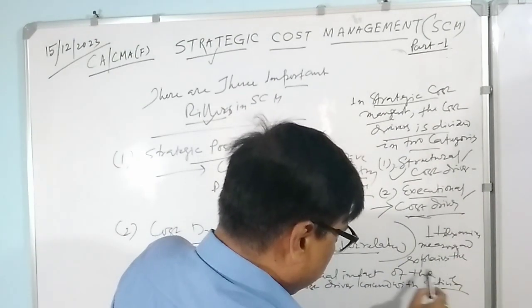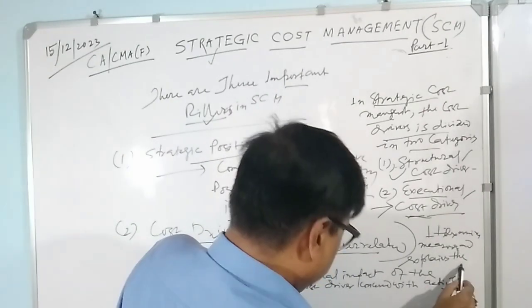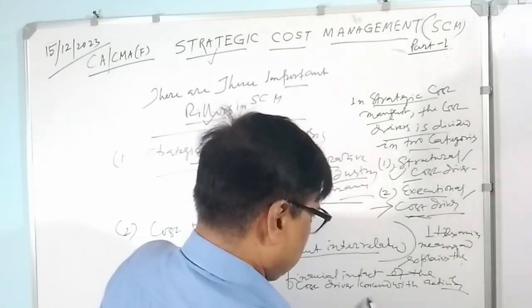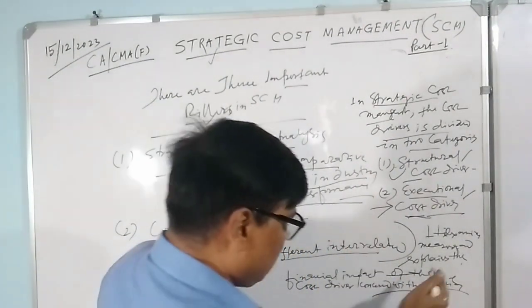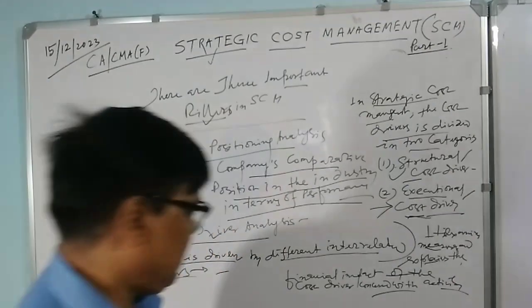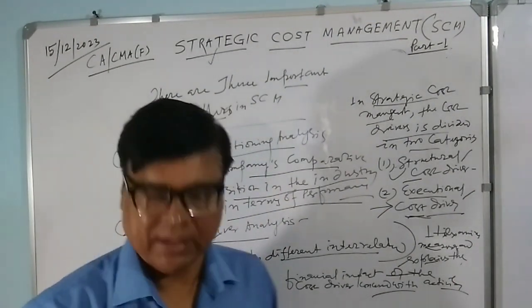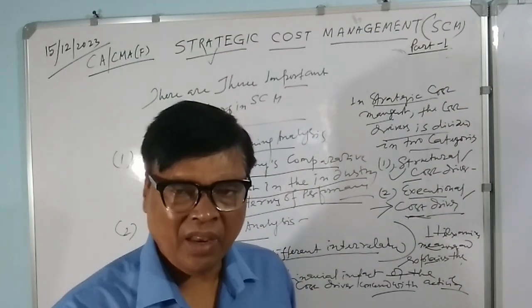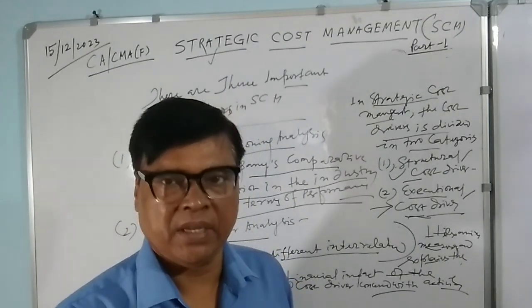It examines, measures and explains the financial impact of the cost driver concerned with the activity. You see that everything will have some measurement and explaining the financial impact of the cost driver concerned with the activity. Every activity has some cost. And you have to do cost benefit analysis, that thing we have been discussing.